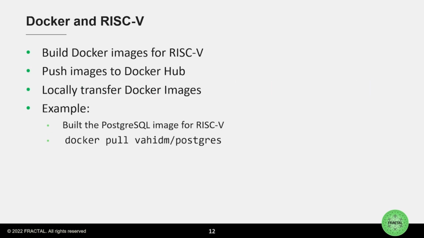And if we want to install Docker on RISC-V, we can build it from the source. We can have the feature of pushing the images to Docker Hub or locally transferring the Docker images. For example, we have built a PostgreSQL image for RISC-V and pushed it to Docker Hub, and you can pull it simply with this command.